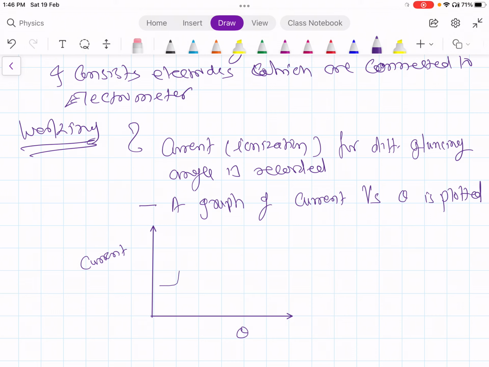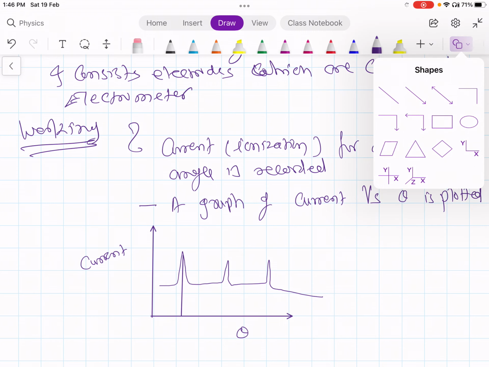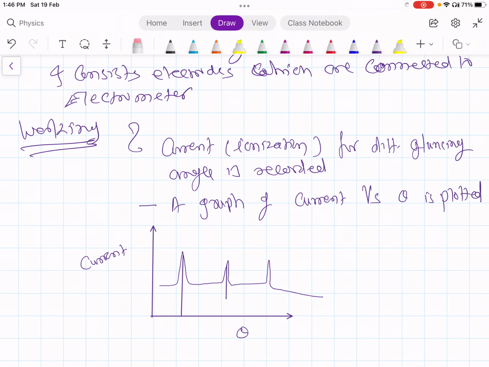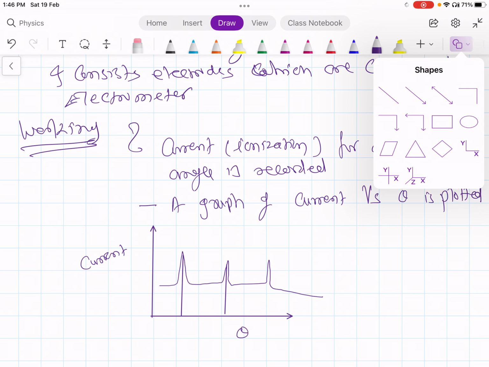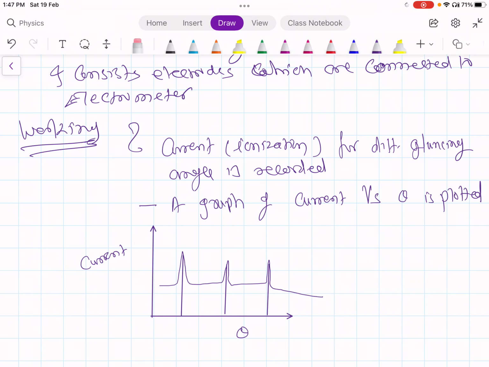And what we get is a graph like this. At certain glancing angles, we get peaks. Those peaks are due to constructive interference. And from these peaks, we can find the values of theta 1, theta 2, theta 3, etc.